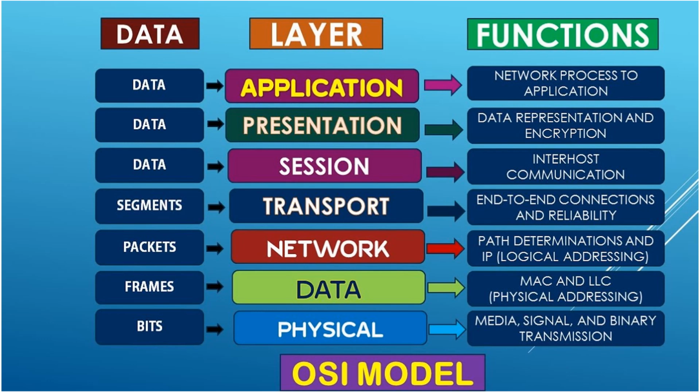Apabila dia dah sampai ke presentation, dia dah bungkus you punya data tadi dalam bentuk format-format yang dikehendaki, then dia go to the next layer, dia bungkus lagi dalam bentuk session layer. So dalam session layer ni dia berfungsi untuk inter-host communication and establish the communication between the hosts. Dia establish saja, so that the data can be transmitted to the next layer. So dia melalui proses pengurusan masih lagi dalam bentuk data.